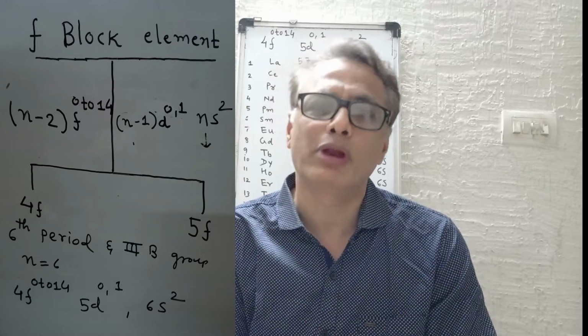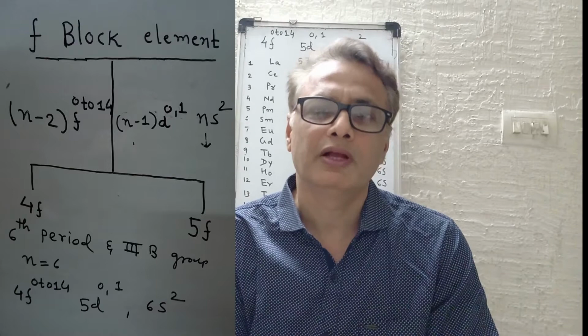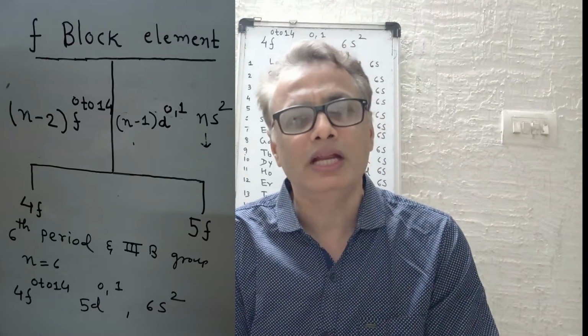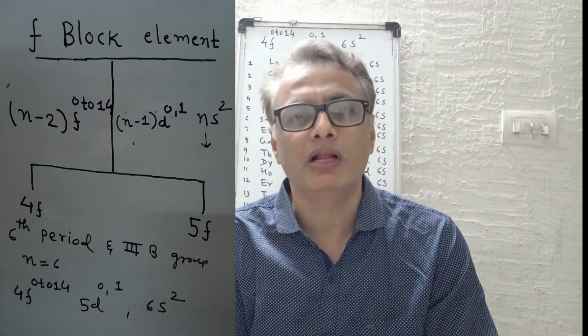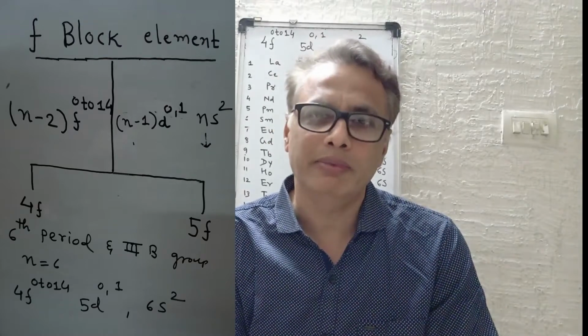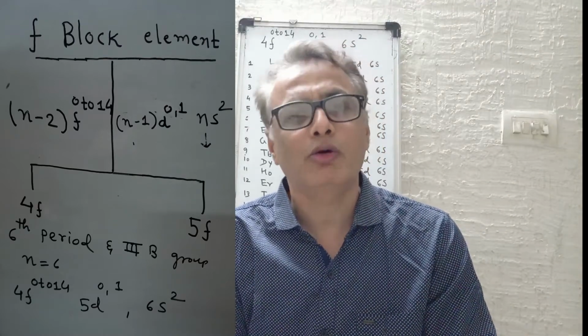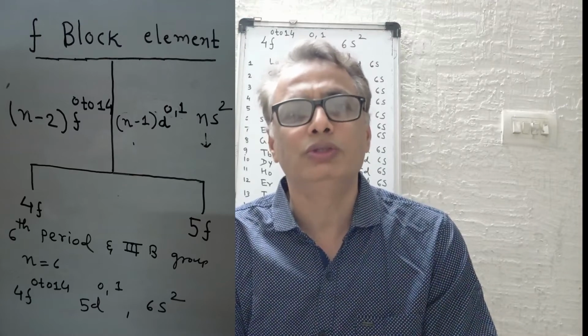Atomic numbers 58 to 71, or we can say elements starting from cerium to lutetium, are known as 4f block elements, which are also known as lanthanide elements.